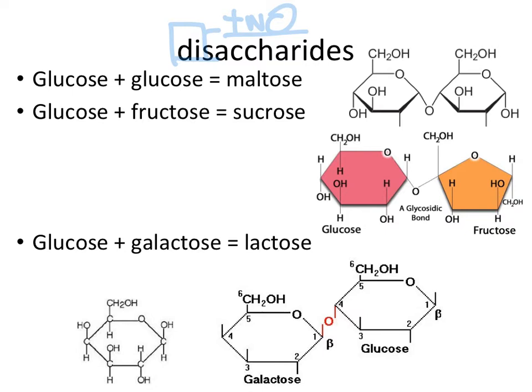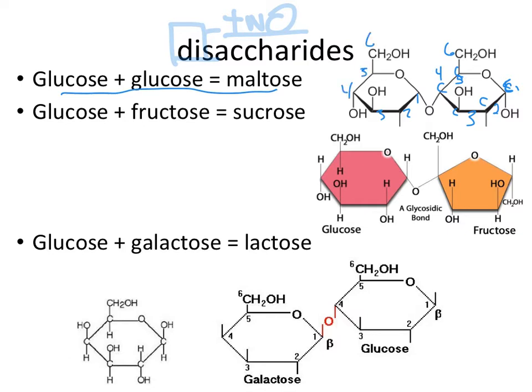This is kind of our most straightforward one. So this is maltose, glucose, and glucose. In this notation you don't actually see the carbons, but there's a carbon there, carbon there, carbon there. So that's 1, 2, 3, 4, 5, 6, and 1, 2, 3, 4, 5, 6.